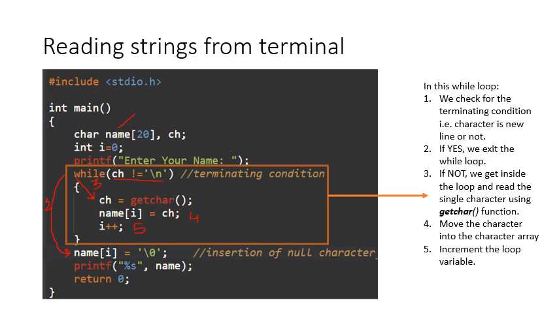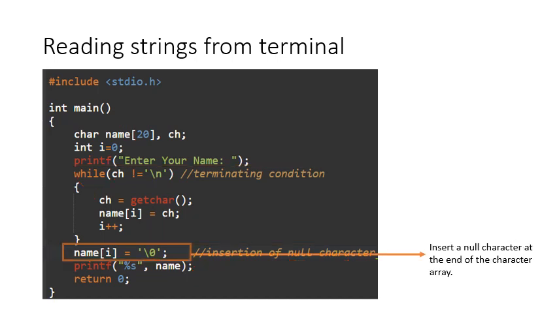Once you hit it, it comes out of this loop, and at the end of that particular string I add \0, the null character, and then I print that particular array, whatever name you have entered. This is how you read a string with the help of a while loop and the getchar intrinsic function.